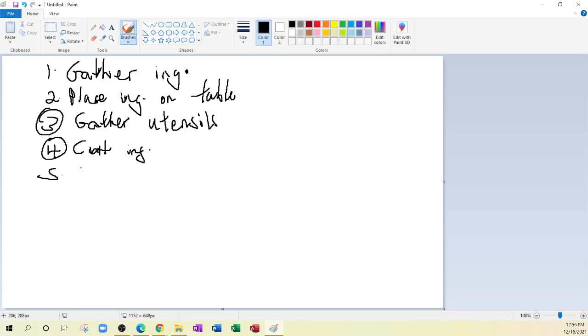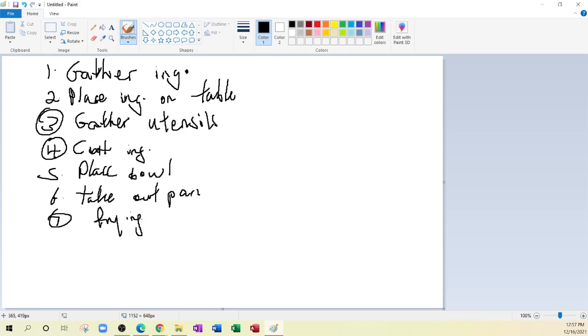So you cut up the ingredients, good, and you place it inside of a bowl. What were you saying, Akila? Take out the pan and then fry it. Take out pan and then fry ingredients. Yeah, with butter.